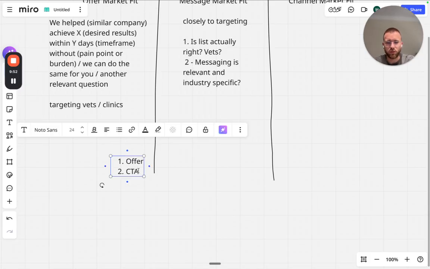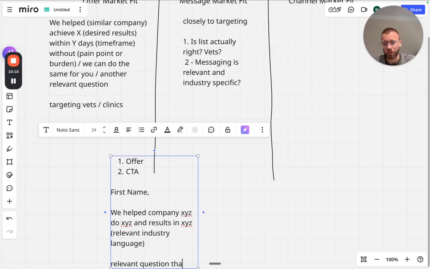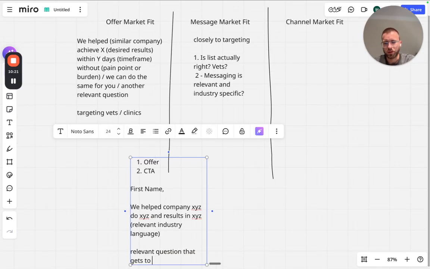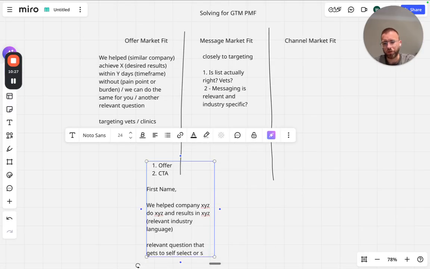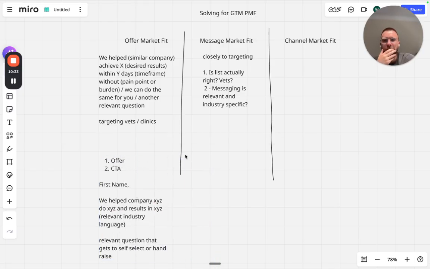Most cold emails, if you look at them, are typically some type of: first name, if they're good, then "we helped company XYZ do XYZ and resulted in XYZ", relevant industry language, and then a relevant question that gets them to self-select or hand raise. That's the general framework of a solid cold email.